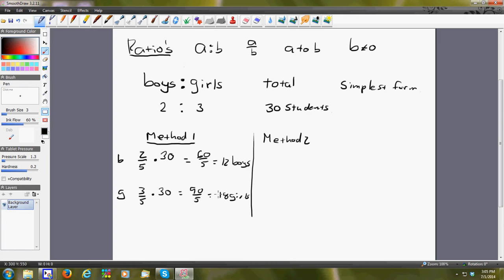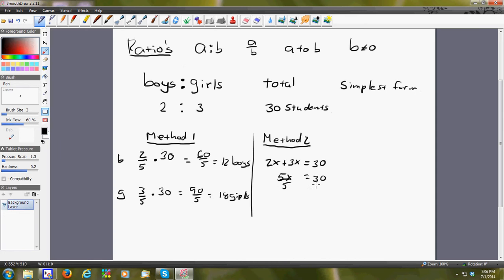Well, that method is actually very useful, mostly for pie charts, and I'll explain later. But method 2 is a simpler method, which most people like. What you do is you take the 2 and the 3, and you just put x's behind them and add them up. You say 2x plus 3x equals 30. 2x plus 3x equals 5x, so 5x equals 30.